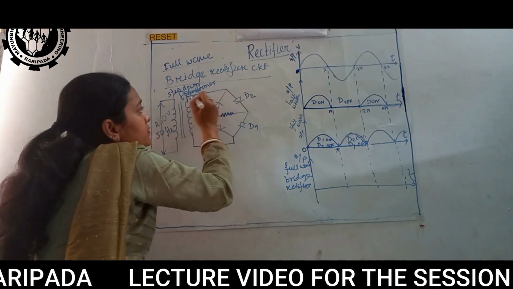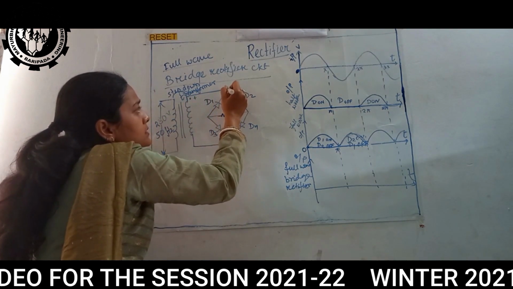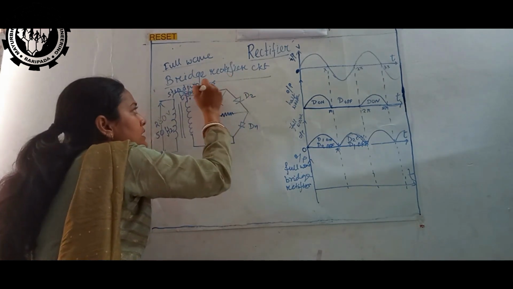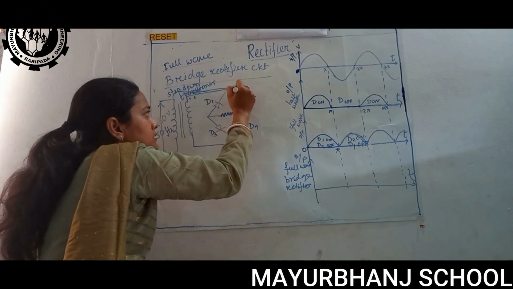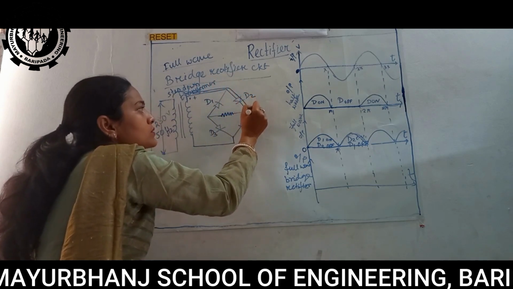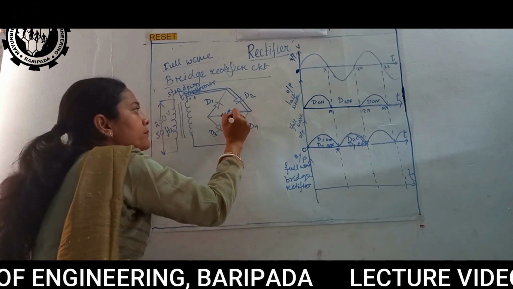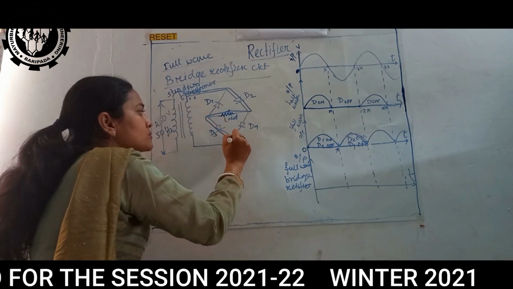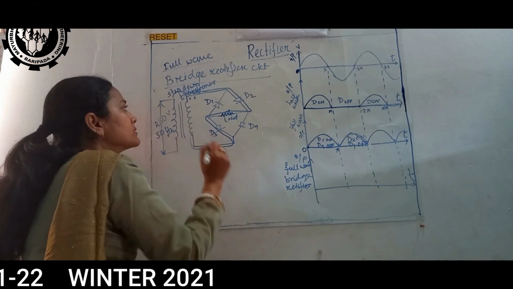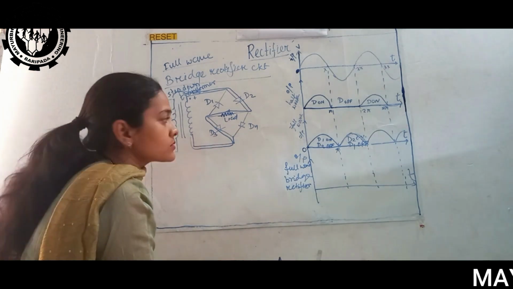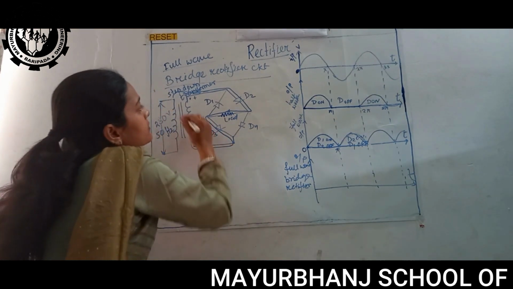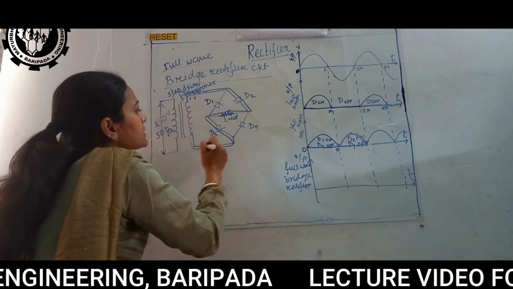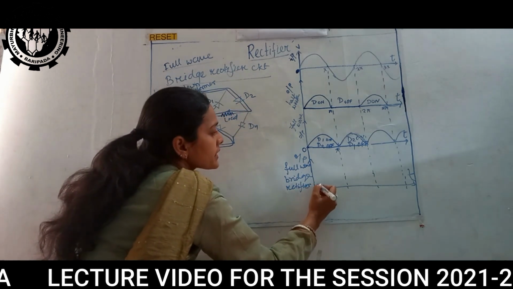Will this one be conducting? No. This is going to conduct. So the current passes through D2, goes through the load, then through D3 it comes back here. Now it is completing a total loop. The current is flowing through D2, load, D3, then to this terminal. So we are getting output.